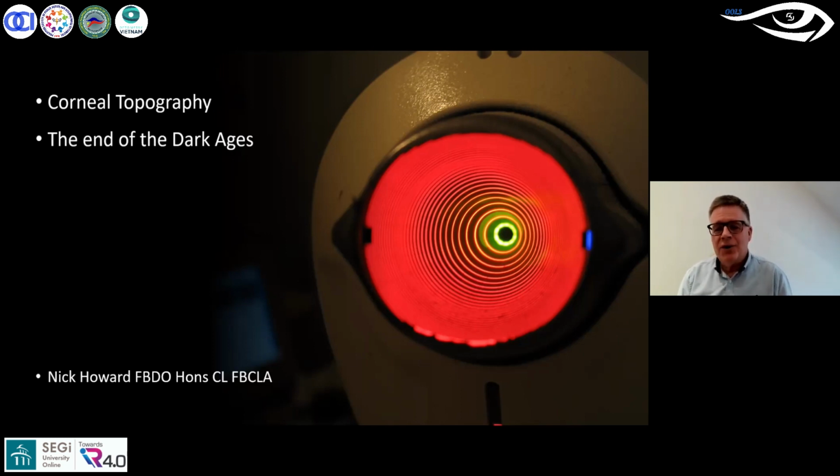And I'm going to talk today about the benefits really of corneal topography, and I'm going to make several comparisons with the limitations, if that's the right word to use, of the keratometer. This is, I should add, one of my favorite subjects, and you're quite correct.